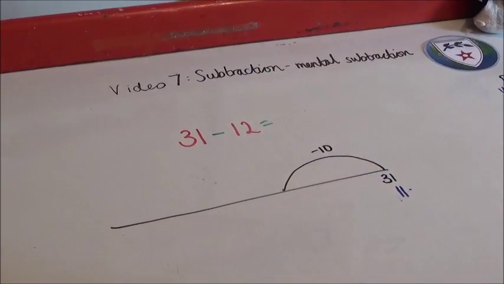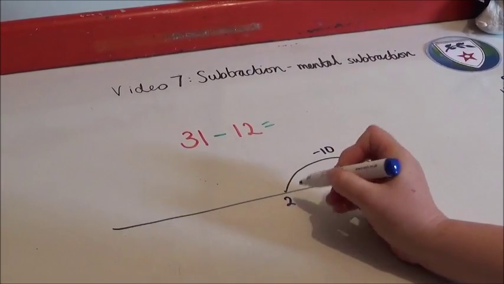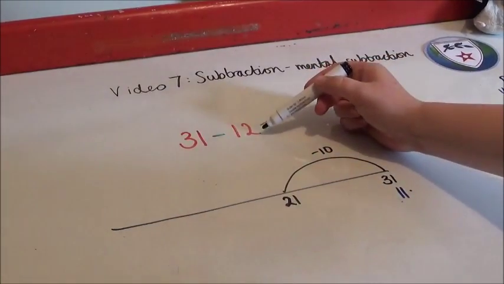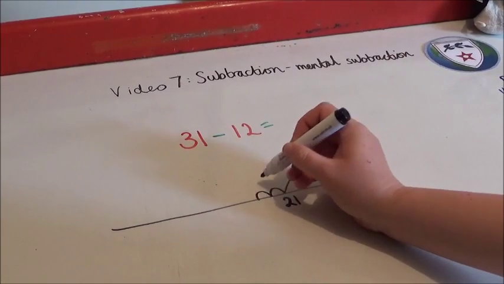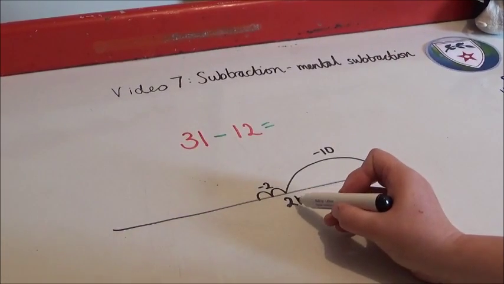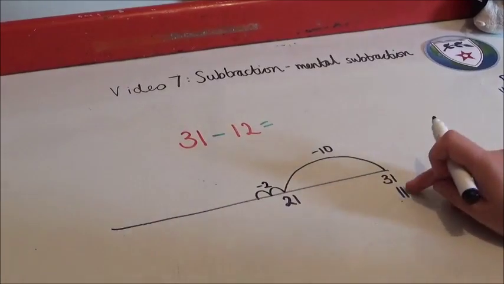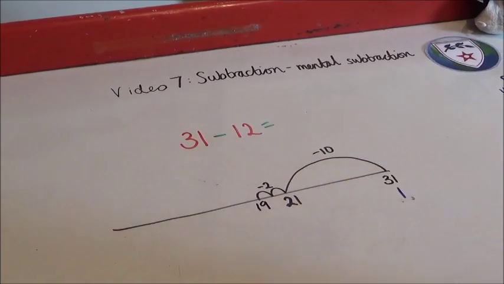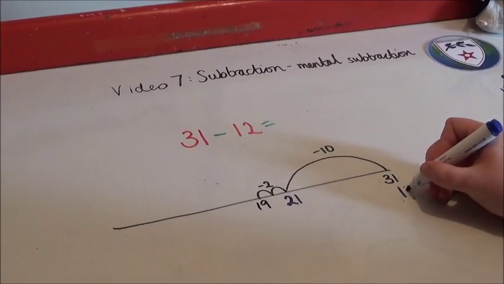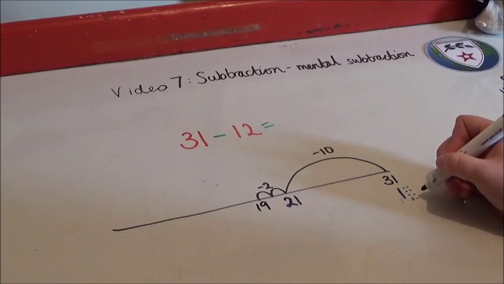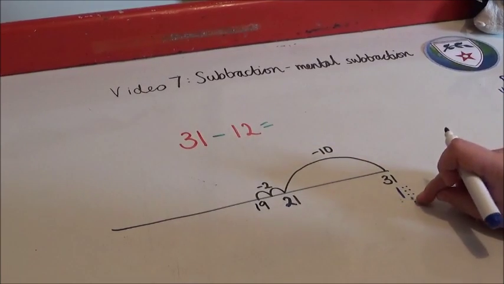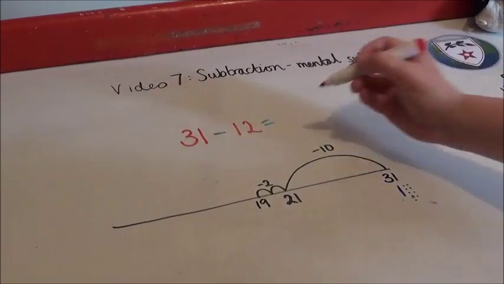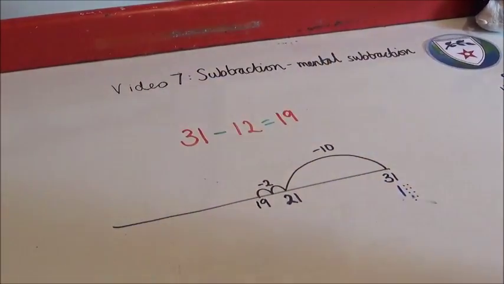That would leave me with 21. Then I'm going to take off the 2. So I've got 21, 20 and 19. With the base 10, I would take off that 10, make it into 10 units, and you can see there I've got 19. 31 take away 12 is the same as 19.